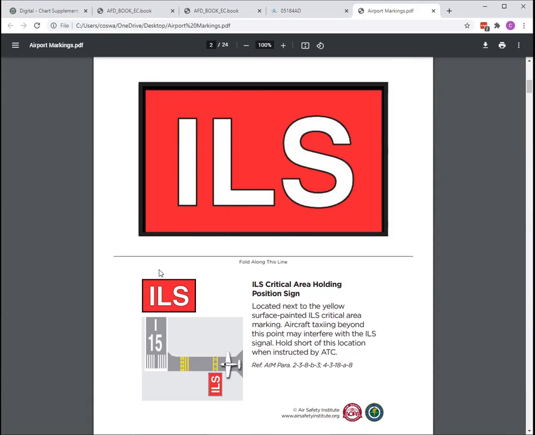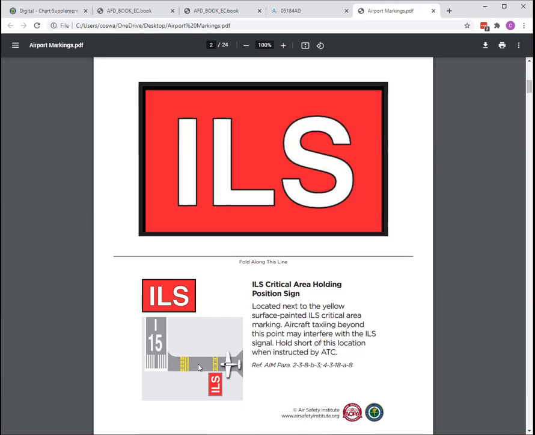What that means is that when the ILS is being used on the runway in front of you, you should hold short on this line instead of the regular hold short position. So in this picture down here, we have the ILS hold lines, which are these two double bars with vertical lines going between them. When you see this on the ground, it will be requested by the tower.